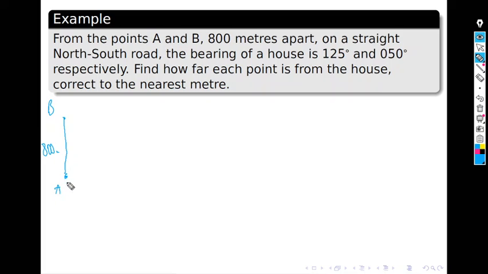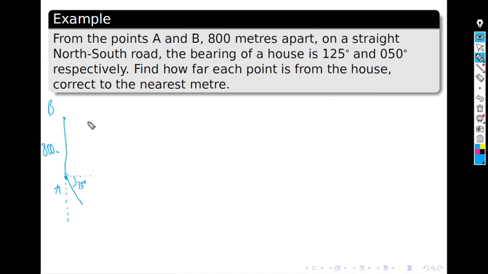From A, the bearing to the house is 125 degrees. If you think about that, straight down would be 180, across would be 90, so 125 is about there. From the horizontal we're going 35 degrees, 125 all the way.